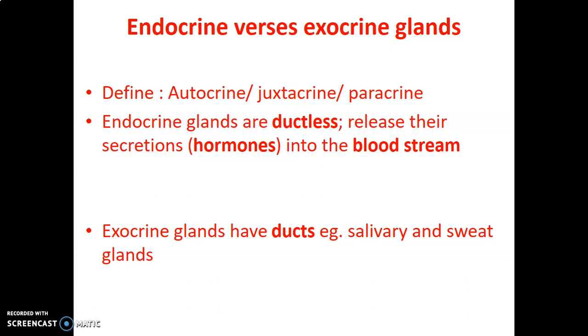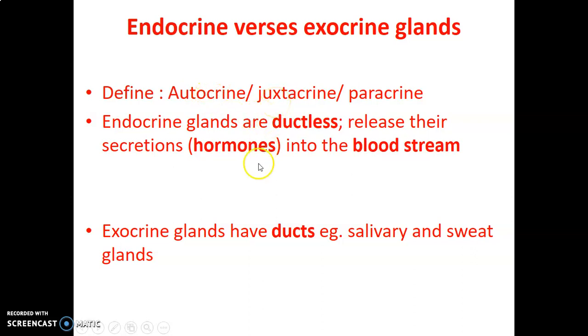Hormone is a chemical substance produced by a cell to bind on receptors on the same cell or the next cell or neighboring cells, or travel to a distant cell to cause an effect. Now, if the hormone binds on receptors on the same cell, that's autocrine effect.